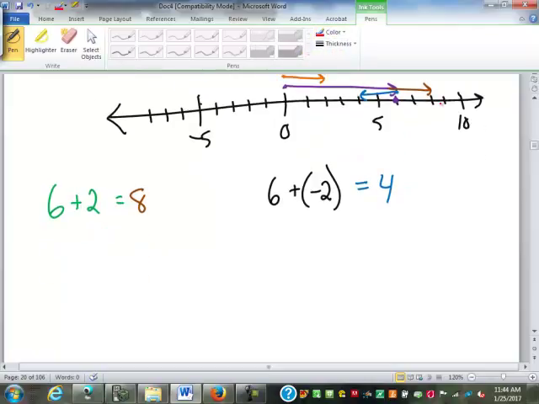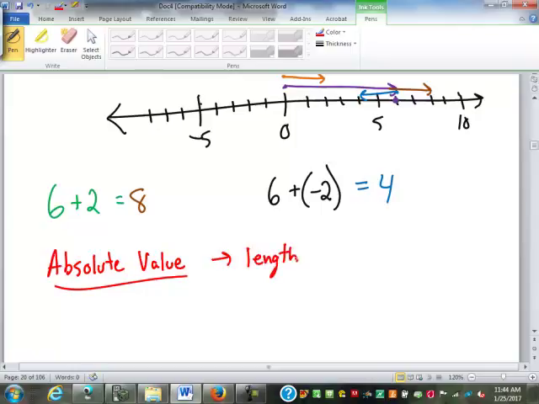So we talked about direction and magnitude. I want to talk about absolute value for just a second. Absolute value is the length of the vector. An alternative definition of absolute value for a number is its distance from 0.